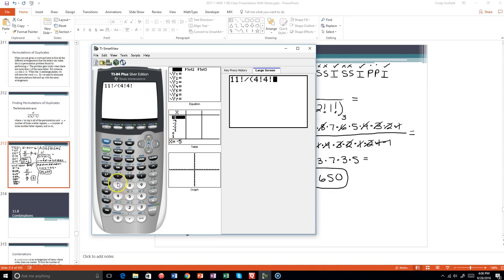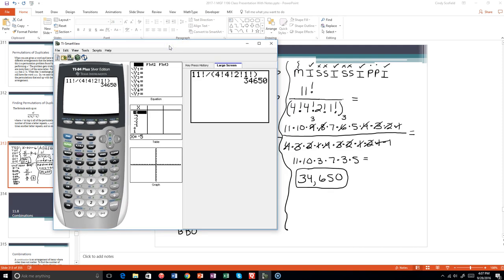And then a 2 factorial. Do we really need 1 factorial? Not really, but I'm just going to go ahead and do it anyway. I know you guys probably like to see everything on there to see how it's supposed to be done. So you go ahead and put 1 factorial on there. And close your parentheses. Don't forget to close the parentheses. And hit enter. And yes, I did it right. 34,650. So there you go.